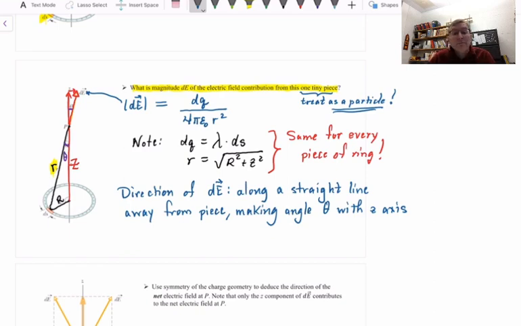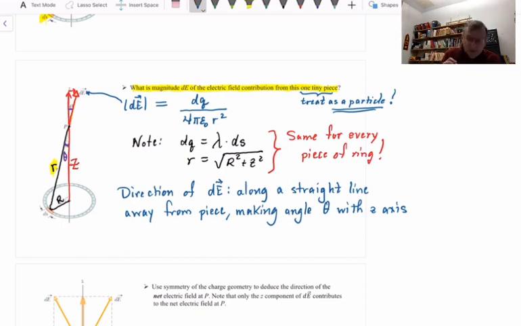What if we pick other pieces of the ring and think about their dEs? Because we're going to have to take all these dE vectors and add them up to get the total. And sometimes the charge distribution has a lot of symmetry, and that can help you simplify adding up all the dEs. And a circular ring definitely has a lot of symmetry.